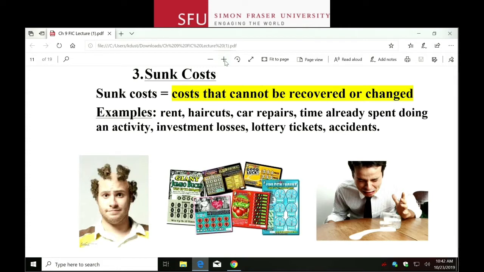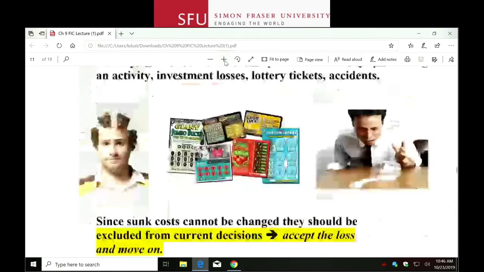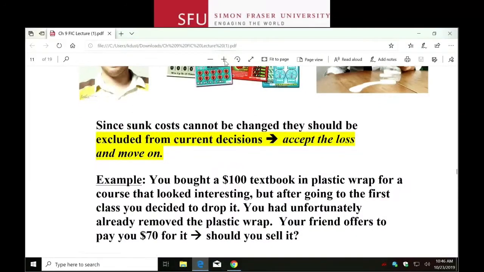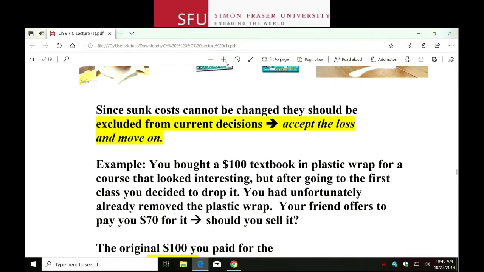I have to forget about it and figure out how to make the best of the situation now. Okay, so sunk costs should be excluded from current decisions. So you have to forget about them, accept the loss, move on, figure out what's the next best thing to do.